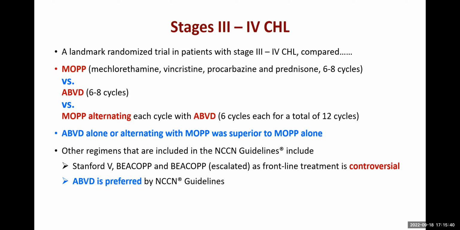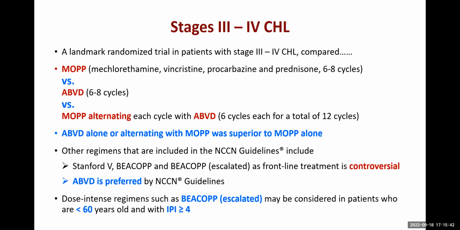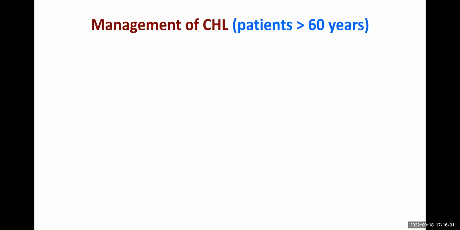ABVD is preferred. We have seen it in that table. Dose intense regimens such as BCOP escalated may be considered in patients who are above 60 years of age and whose international prognostic index is equal to or more than 4, right? So I think everything is clear in this slide.